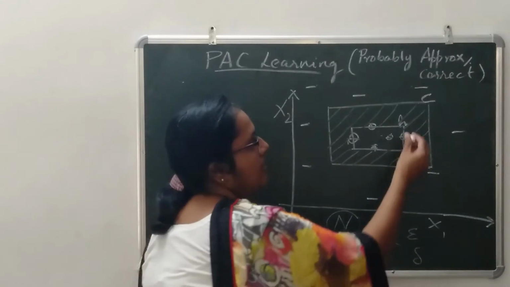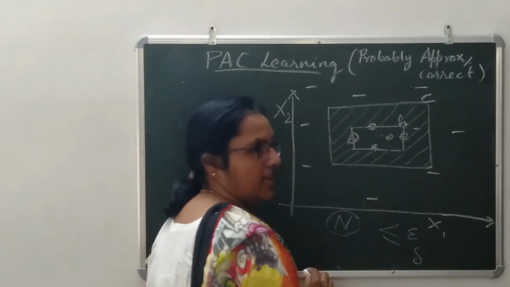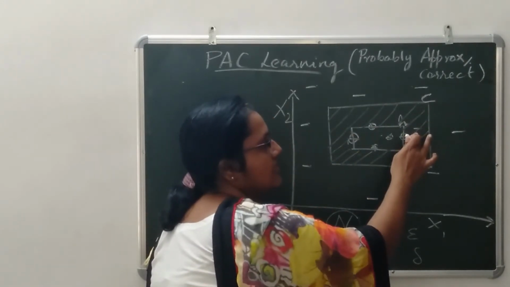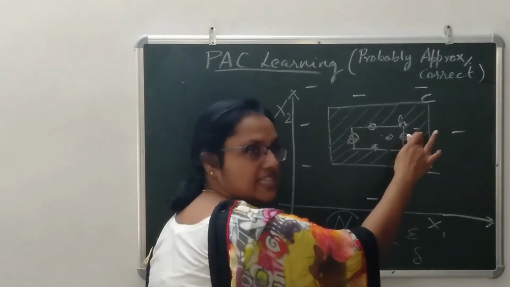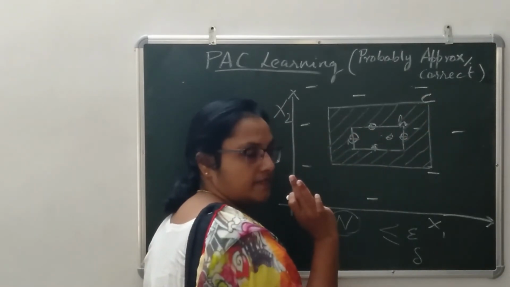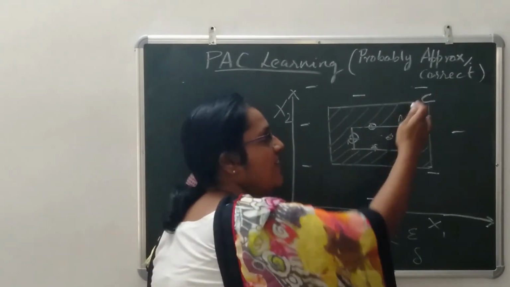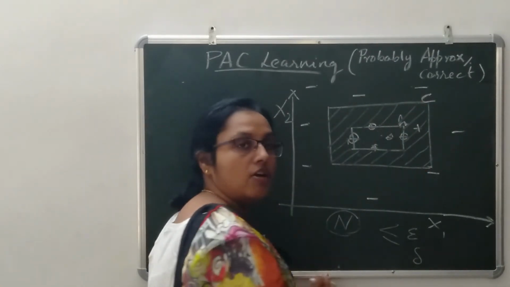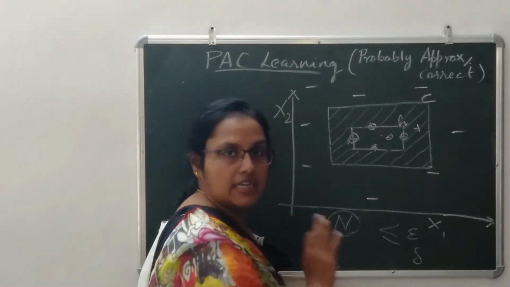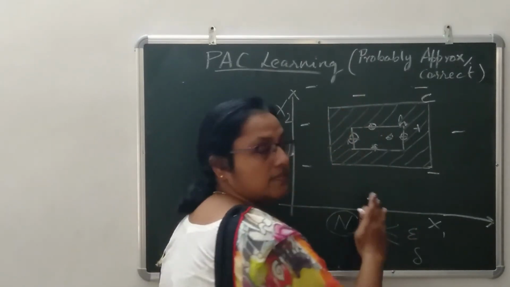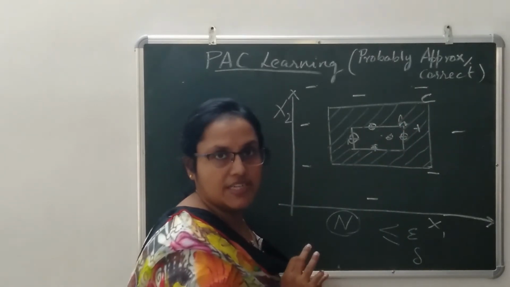The problem will happen when my value is over here. If I have a negative example over here, C will classify it as positive and H will classify it as negative. So they both are different. Now if I have a positive example over here, C will correctly classify it, but H will wrongly classify it. H will classify it as negative and C will classify it correctly. So when does this error occur? Error occurs when C and H differ in their classification.